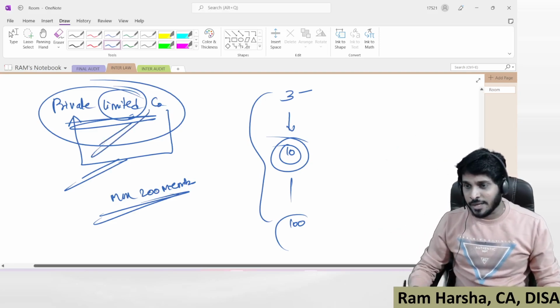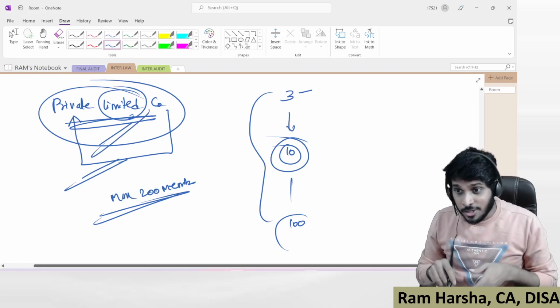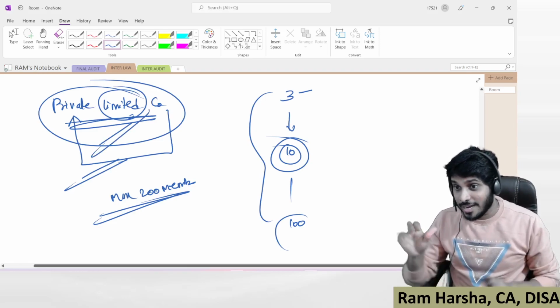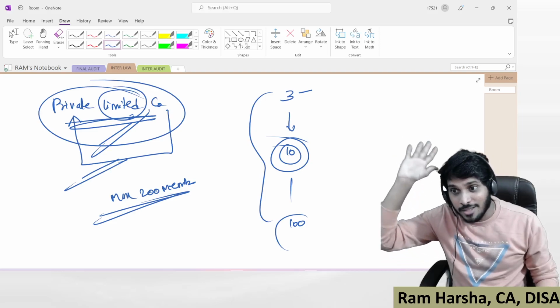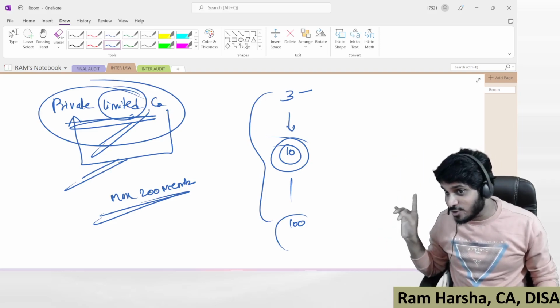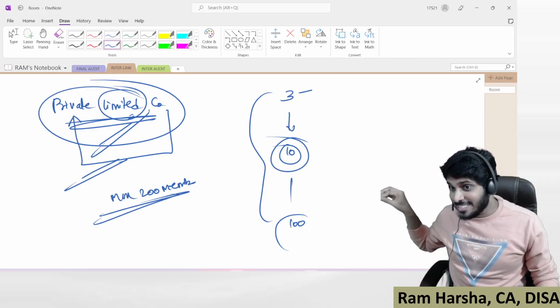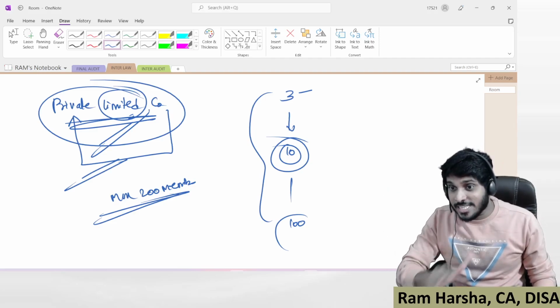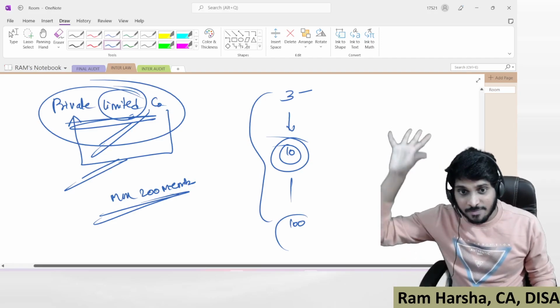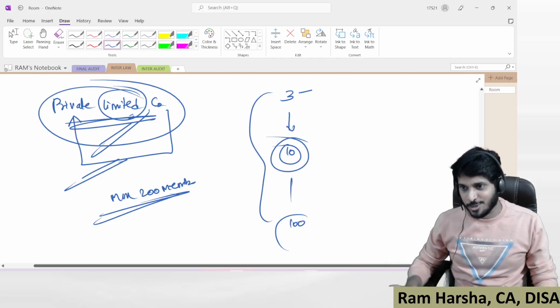Okay, private company. You know what happens here? Other shareholders also cannot sell shares to somebody else. First, if they have to sell the shares, they have to either sell to me or sell to another shareholder. Existing shareholders cannot sell their shares to the public. That is what a private company means.